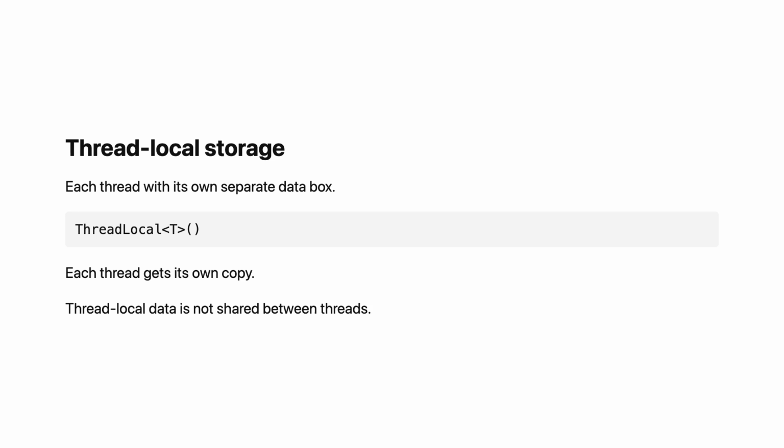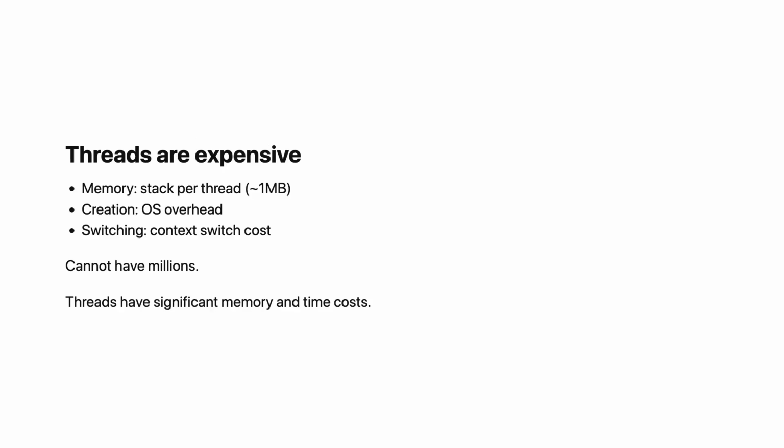Threads are not free. Memory: each thread needs a stack. Typically hundreds of kilobytes to a few megabytes. 1,000 threads means gigabytes of memory just for stacks. Creation time: starting a thread takes time. The OS allocates resources, sets up the stack. Creating thousands quickly is slow.